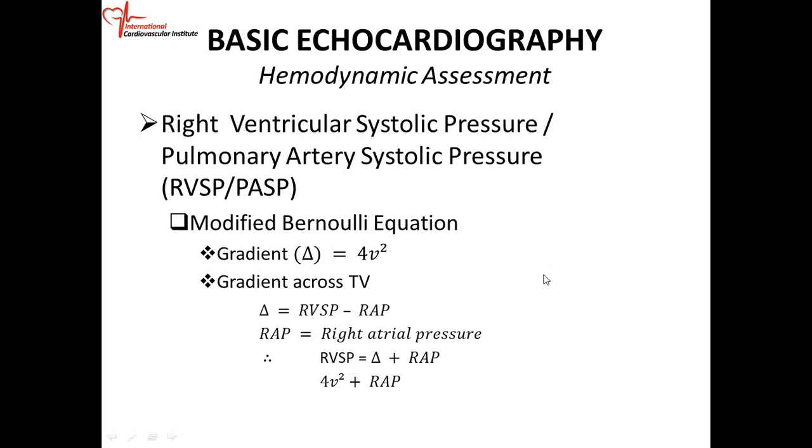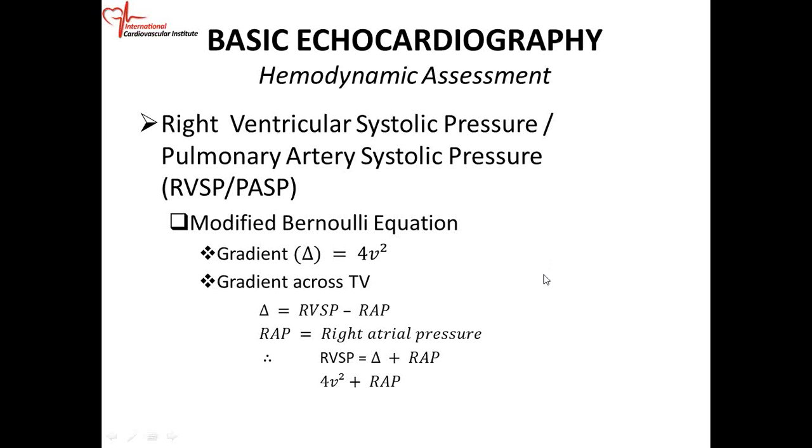So you can give a right ventricular systolic pressure or your pulmonary artery systolic pressure in up to 90% of your patients, which is a very important number because clinically it's very important.